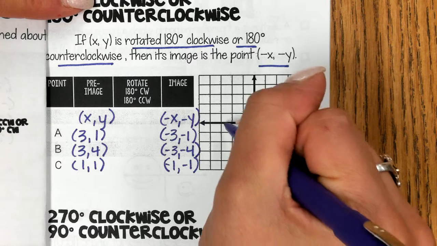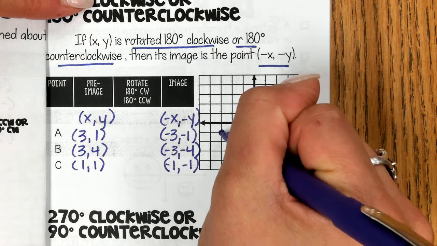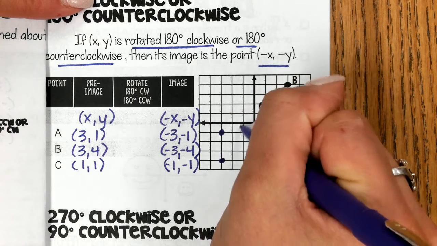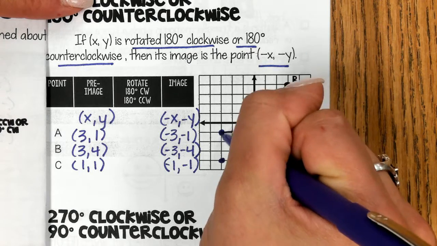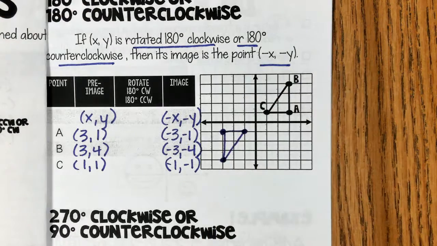Negative 3, negative 1, negative 3, 1, 2, 3, 4, and then negative 1, negative 1. All right, so that is how your figure should look.